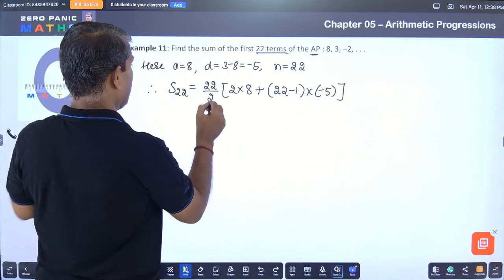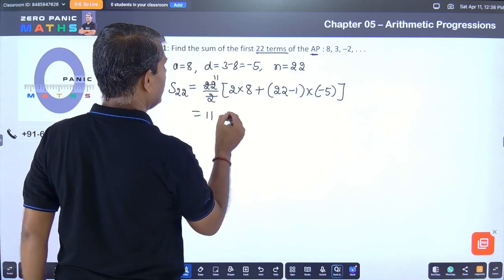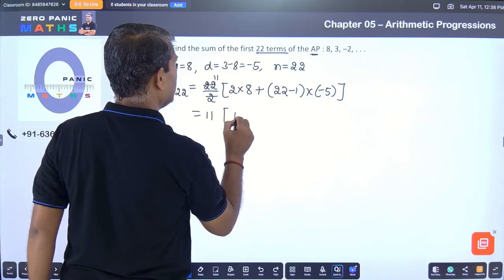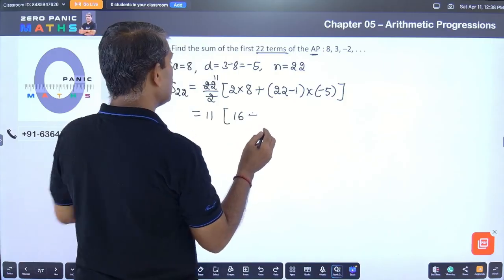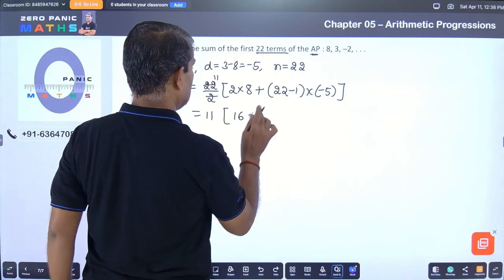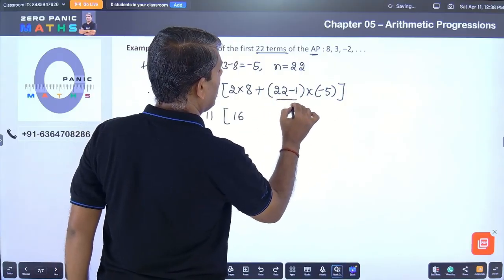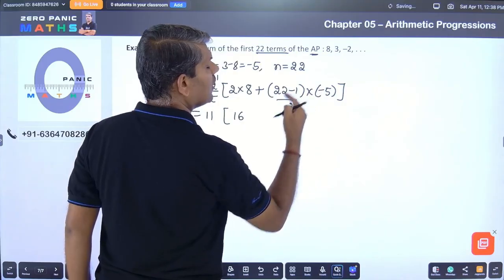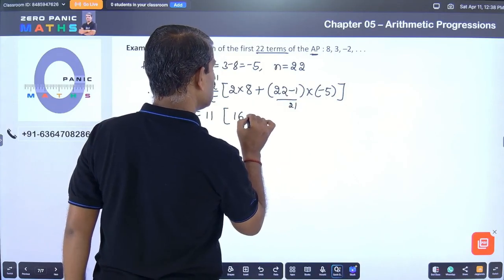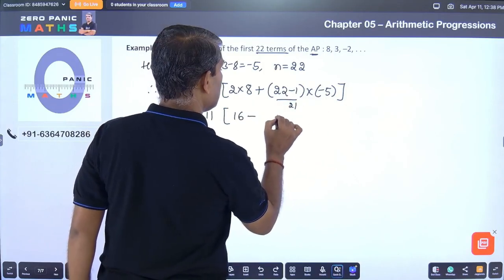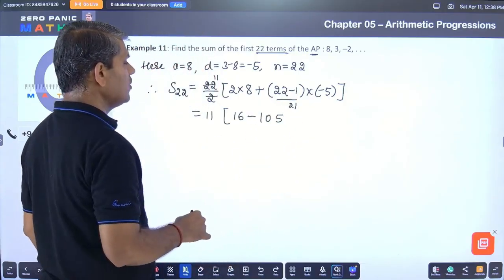Now, 2 ones are 2, 11s are. If it goes, you can always cancel it out. 8 times 2 is 16. I cannot add this as plus because it is going to be minus. It is 21 times minus 5. 5 ones are 5 and 5 twos are 10, that is minus 105.